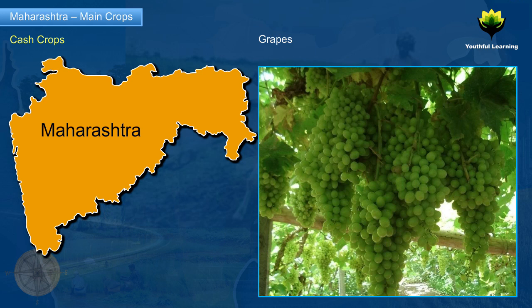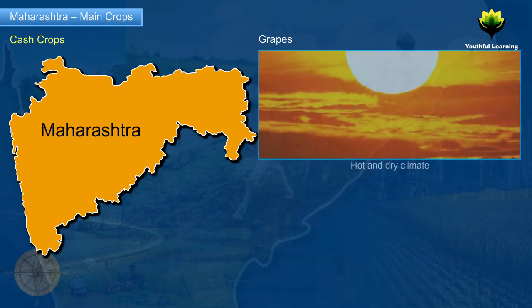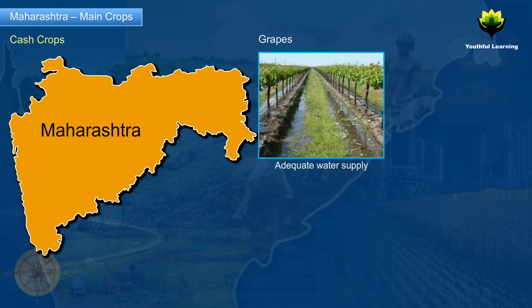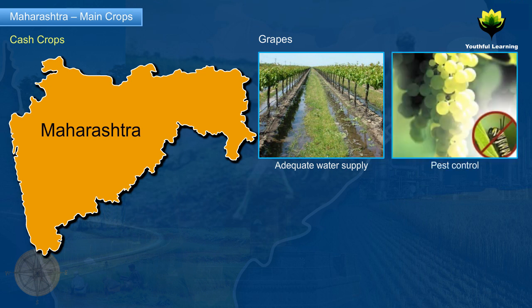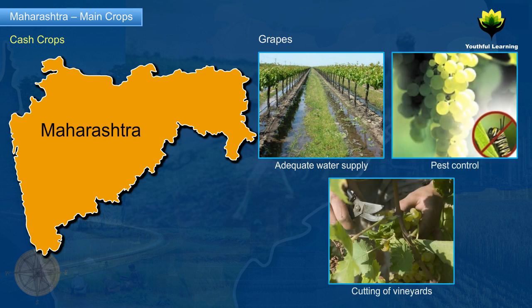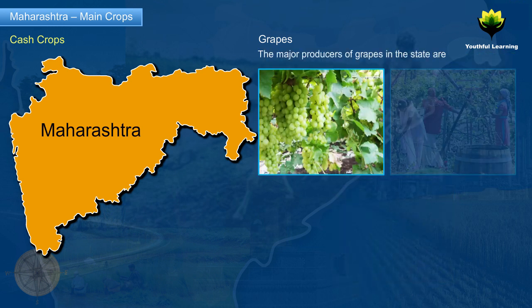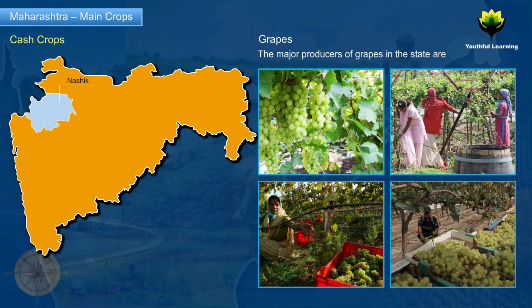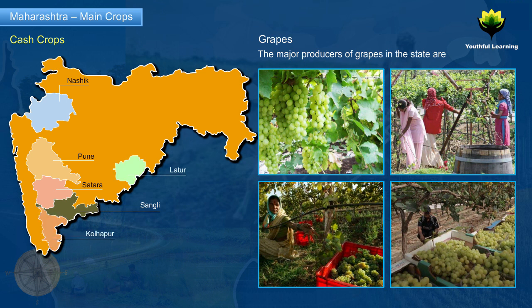Grapes. Grapes grow well in a hot and dry climate and require well-drained soil. They need adequate water supply, pest control, cutting of vineyards and thorough care. The major producers of grapes in the state are Nasik, Sangli, Satara, Pune, Latur, Kolhapur and Aurangabad districts.